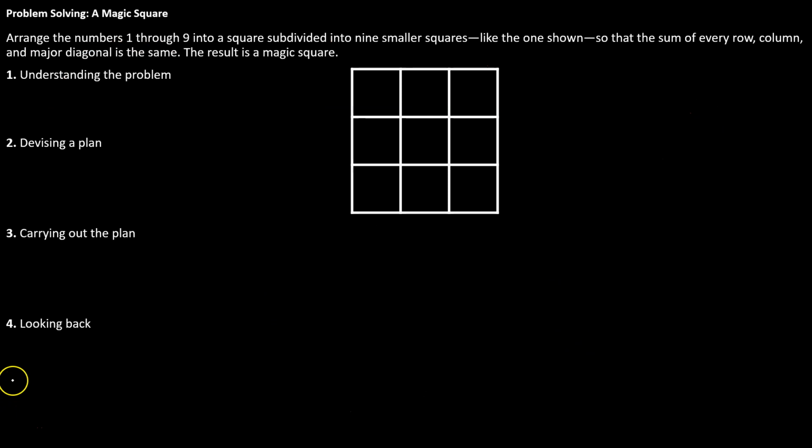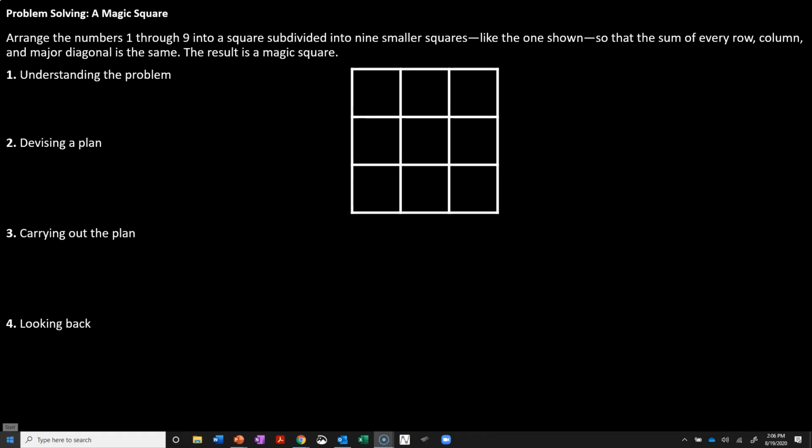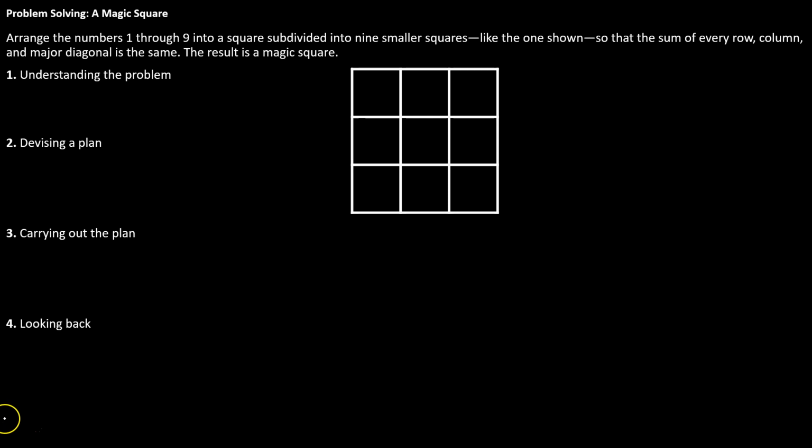Let's try another problem that requires some problem-solving strategies. For this problem, we are tasked with completing a magic square. So a magic square looks like this: a square that's been partitioned into 9 smaller squares.